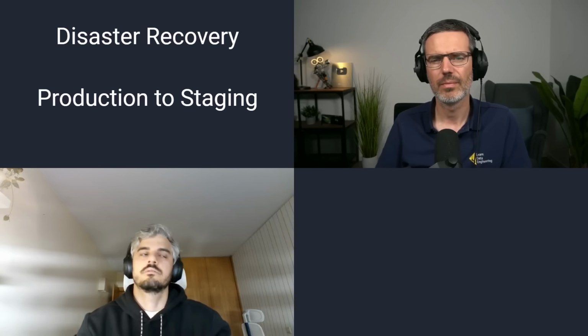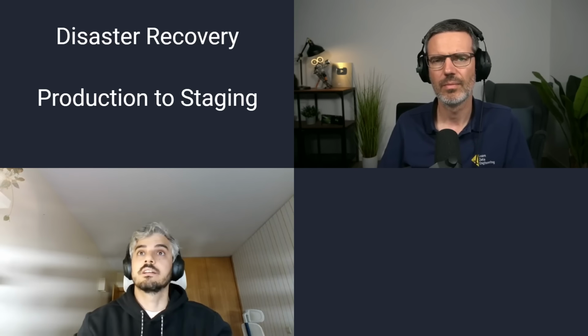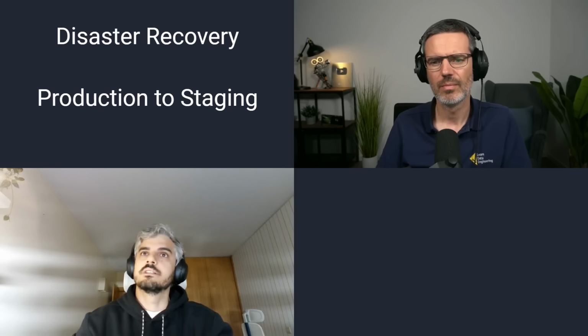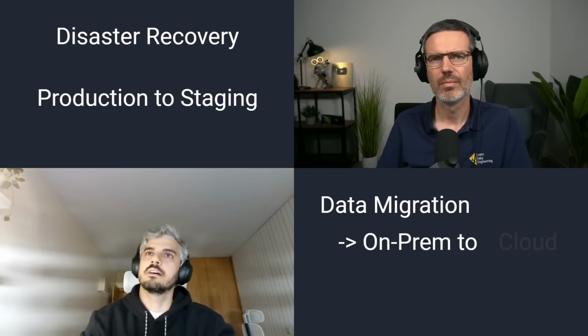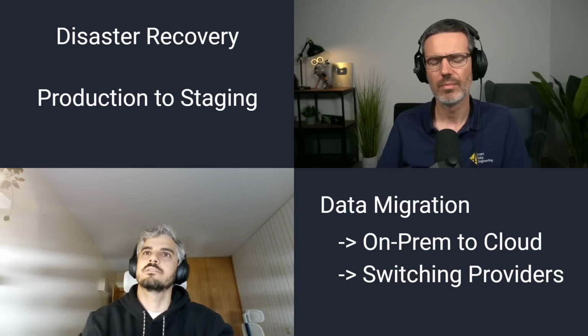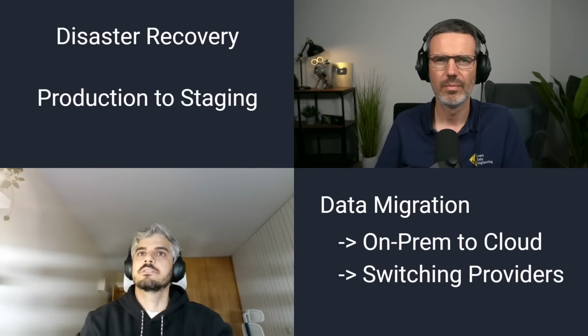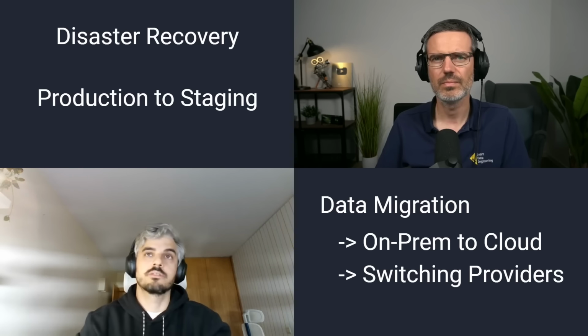We've seen it with trading data, like prices and stuff like that, you can just replicate it because there's no private data associated with it. The other one is migration. There are still some companies migrating from on-prem to the cloud, or, because of cost-cutting concerns, migrating to different providers. That happens quite a lot, and during the migration they have to move the data through some sort of solution.